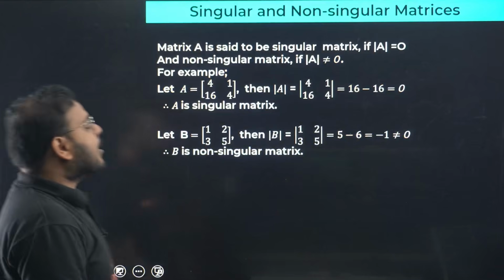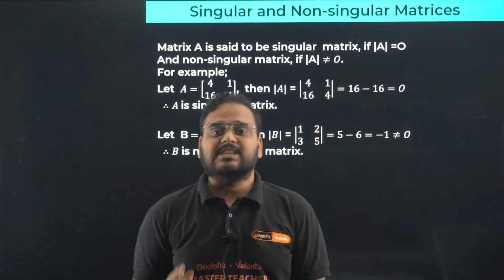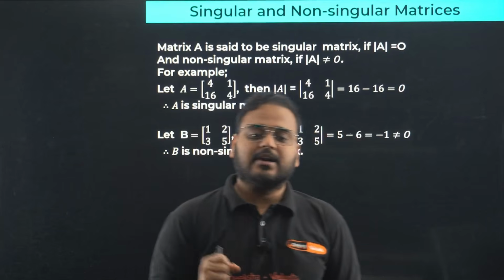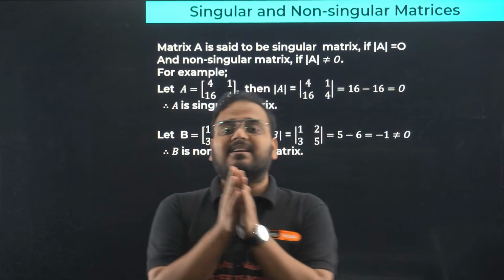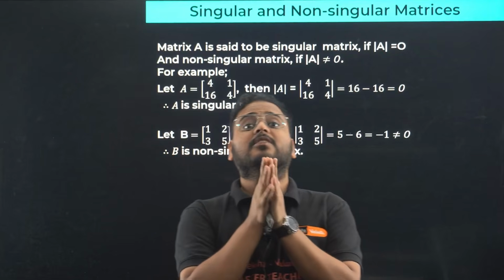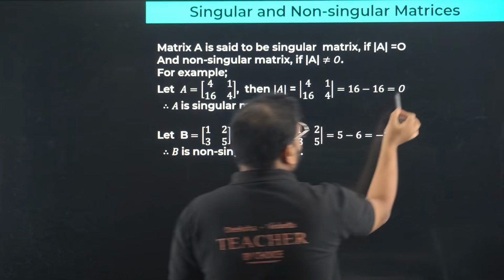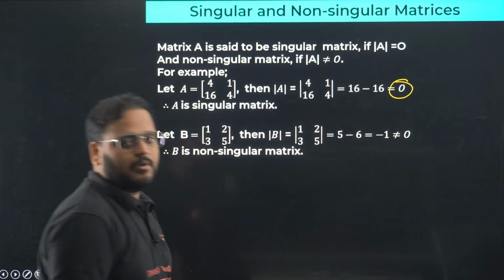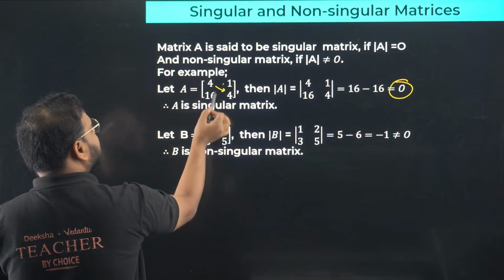Now comes another thing before we start our major topic, which is the inverse of a matrix. The topic right now is singular and non-singular matrices. Whenever you can find the determinant of a square matrix, remember, the determinant is only defined for a square matrix, if the determinant comes equal to 0, that can happen. 4 into 4 is 16, 16 into 1 is 16.